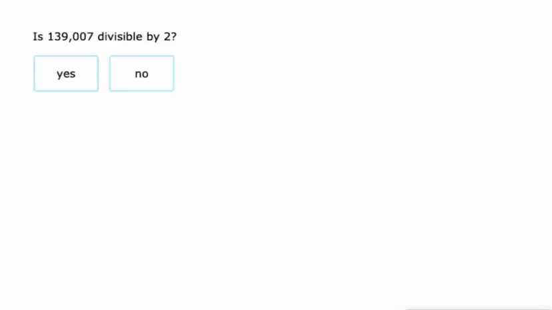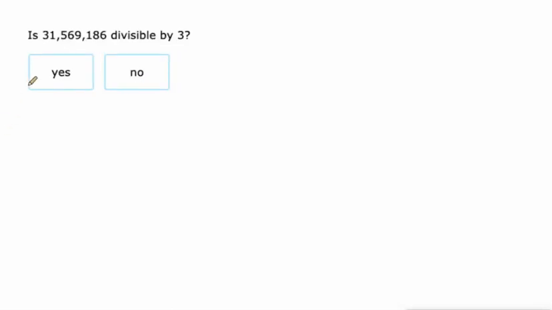Here we go. Is this number, 139,007, divisible by 2? Well, it doesn't end in an even number, so no. Is this number divisible by 3? Well, if the sum of its digits is divisible by 3, then it is divisible by 3.